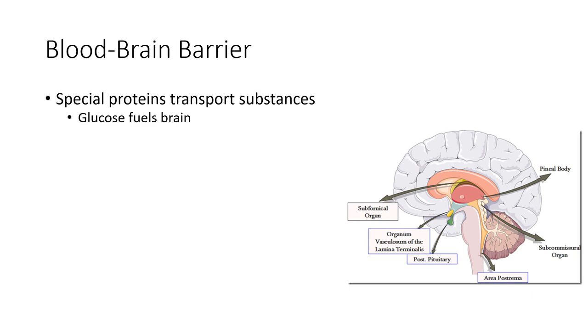Glucose will bind with a special protein to travel through the capillaries and fuel your brain. Also, other substances will bind with special proteins to travel through those capillaries to get rid of toxic waste. So to move things out of the brain that don't need to be there anymore, these substances will bind with special proteins to be moved out through the capillaries.